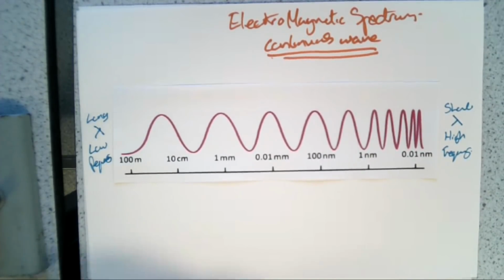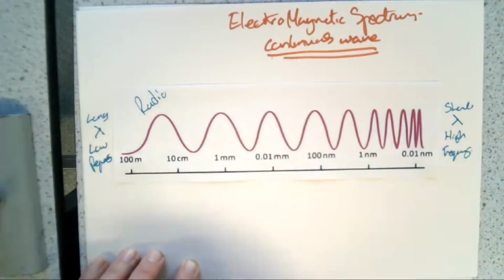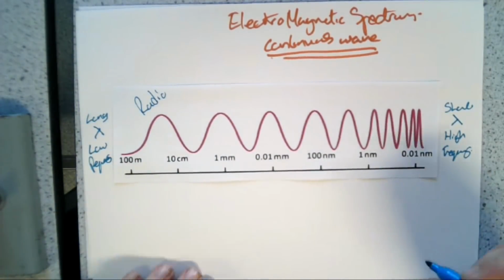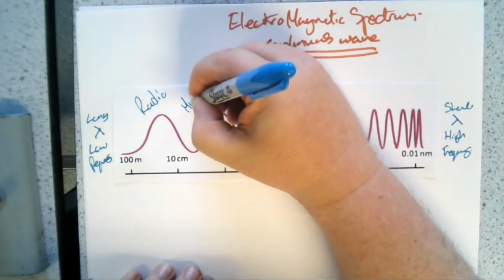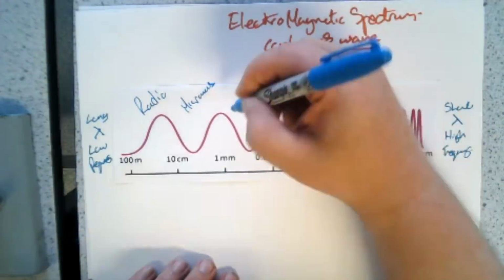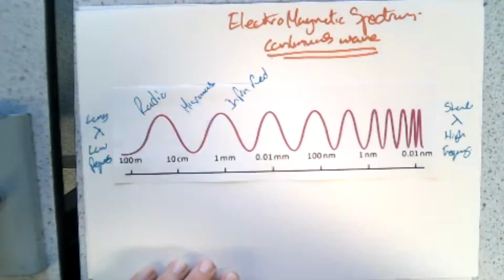Now, Ryan stands for radio waves, and I know that radio waves have a long wavelength and a low frequency. So I'm going to write here radio. And then the M stands for microwaves. So I know that microwaves come next. And then after microwaves, I have infrared, which is going there.